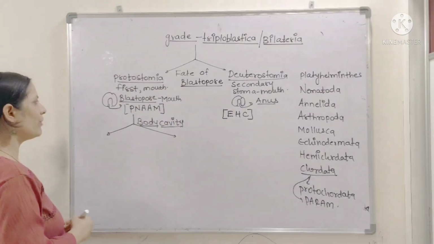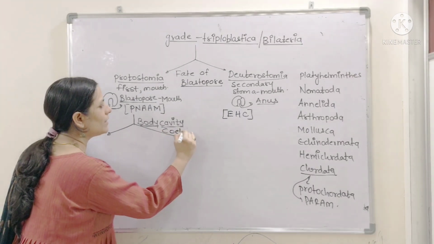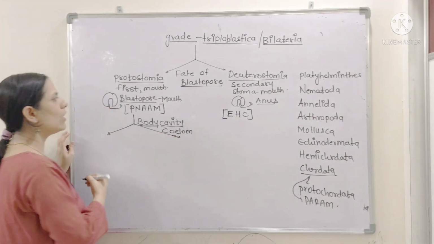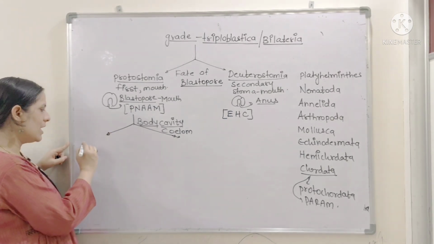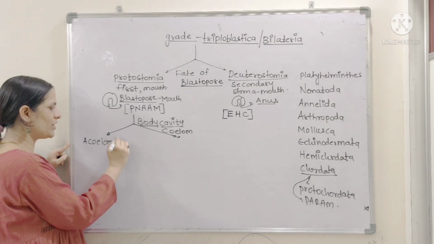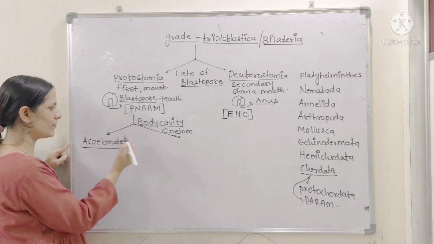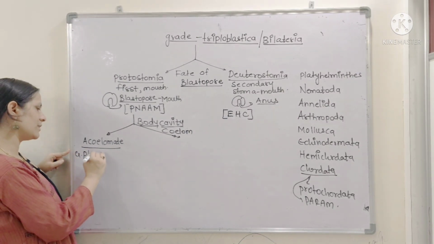So based on that body cavity or coelom, there is a further division of these protostomes. So the first group you will be getting is acoelomate. Acoelomata or acoelomate. For example, phylum Platyhelminthes.